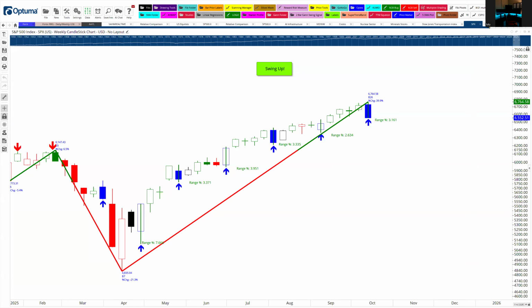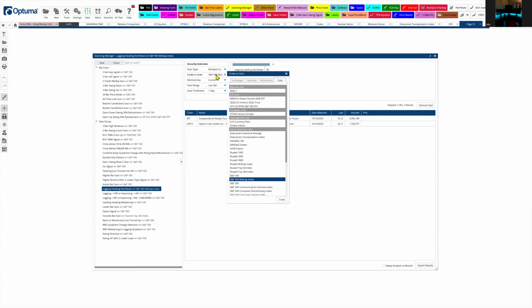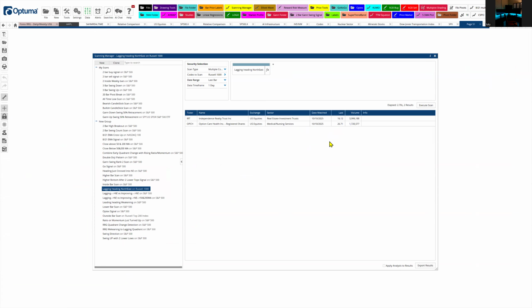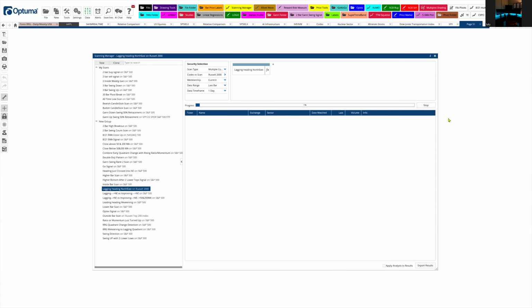Nothing in mid cap. Small caps are, Russell 1000 gonna pull up everything. Let me see. Same names in town. Yeah, we already did those. 2000 is gonna pull up some rats.